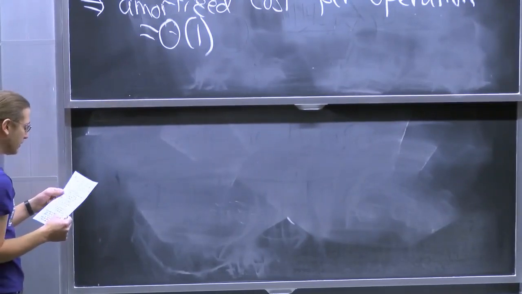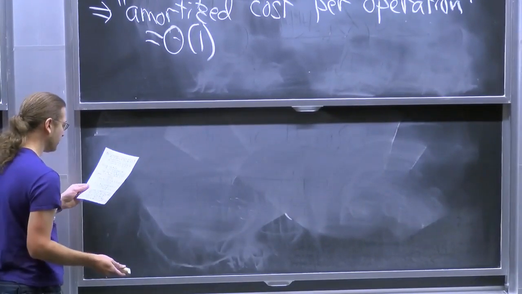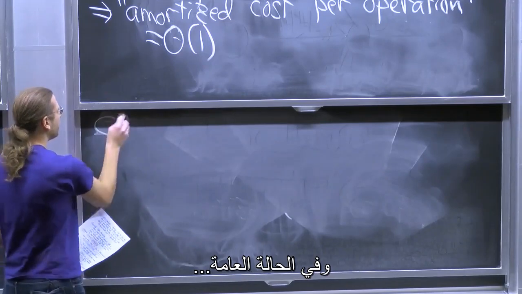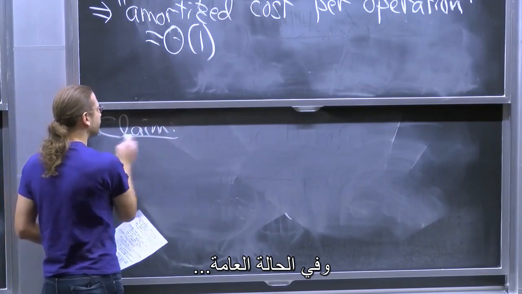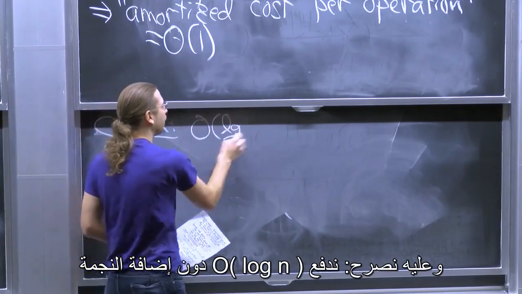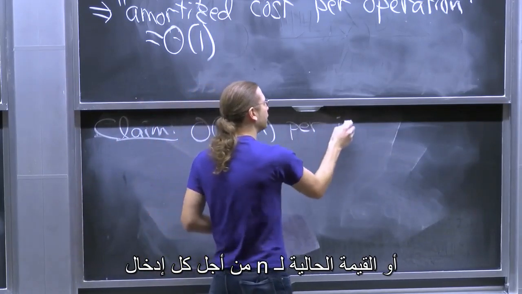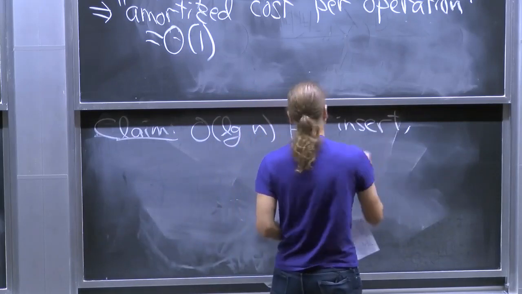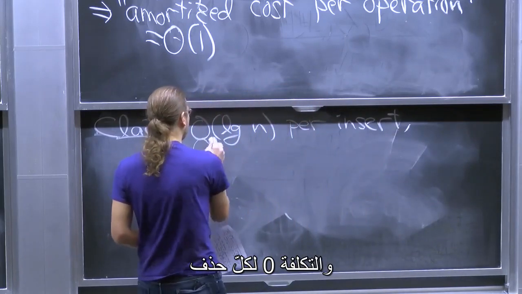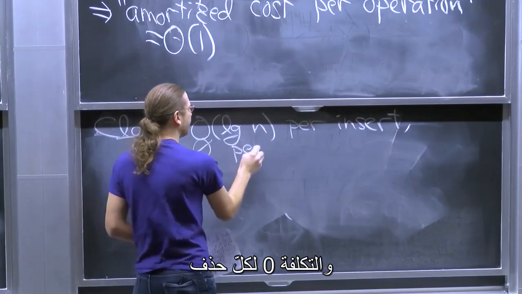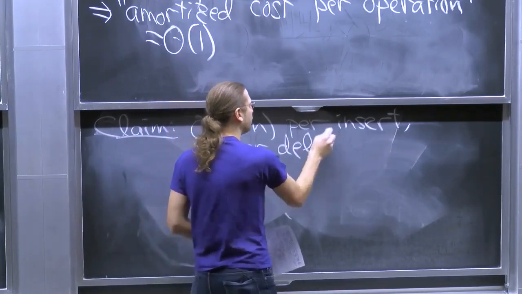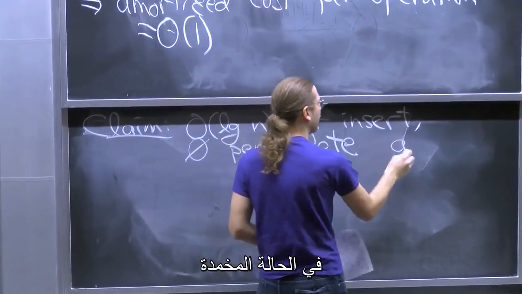And more generally, what we'd like to say is that we only pay log n, without the star, the current value of n, per insert, and 0 per delete, amortized.